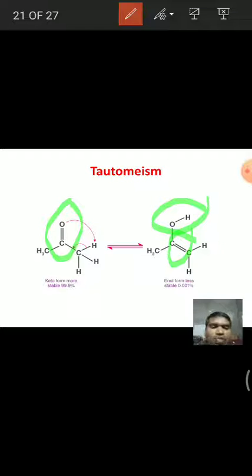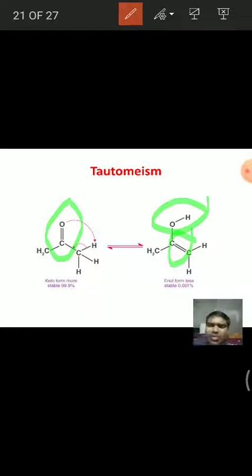This is the enol form. This is called keto-enol tautomerism. The first one is propanone, which exists in the enol form also, but majorly the keto form exists in the major proportion. But it is said to be keto-enol tautomerism.